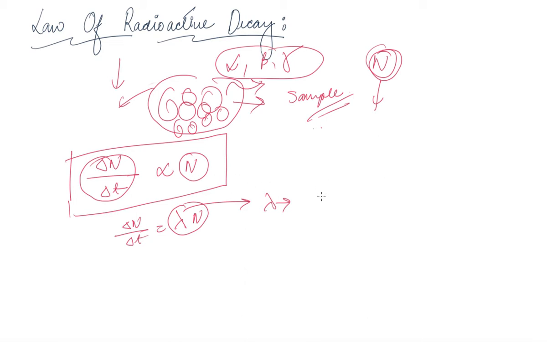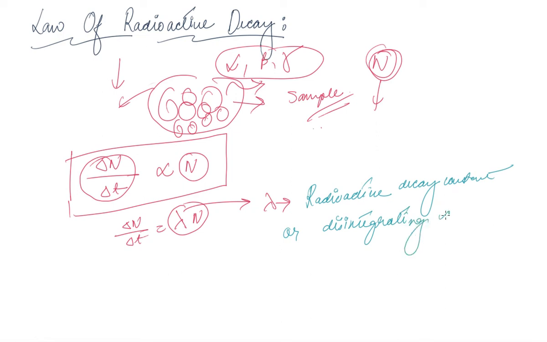Let me use a different color. This is known as either the radioactive decay constant, or it is also known as the disintegrating constant.